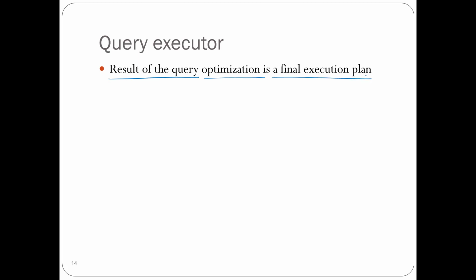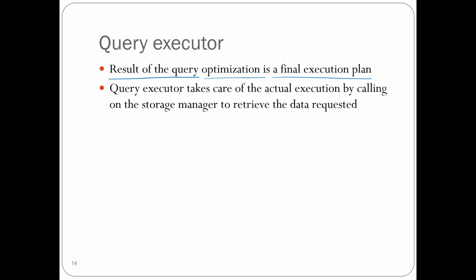So out of the various possible execution plans, based on the cost of each, the query optimizer will come up with the final execution plan. And then the query executor will take care of the actual execution by calling the storage manager to retrieve the data requested.